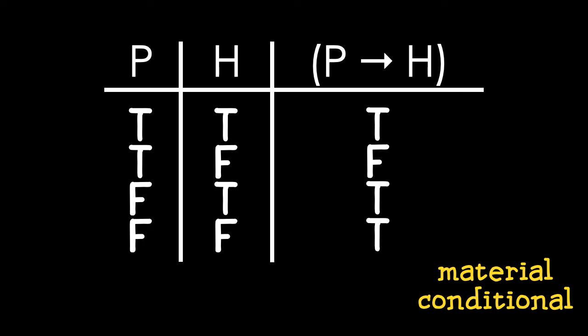But as we saw in English, conditionals aren't always material conditionals. Often they're subjunctive, saying not how things are, but how they would be, even if things were different. And often in English, we require relevance. The antecedent and the consequent don't just have to have the right truth values, they have to have something to do with each other.